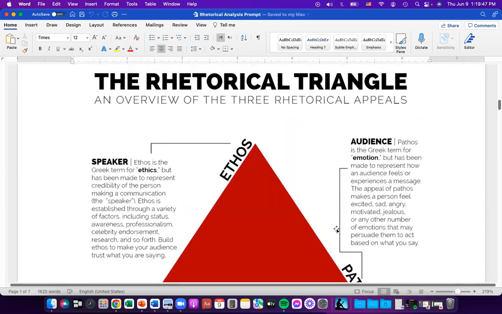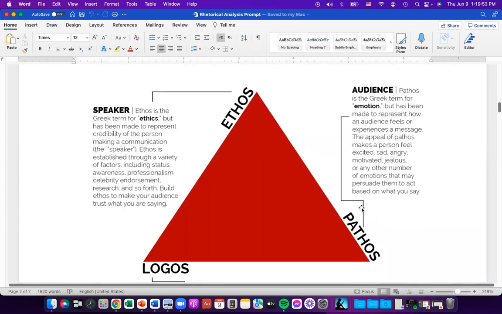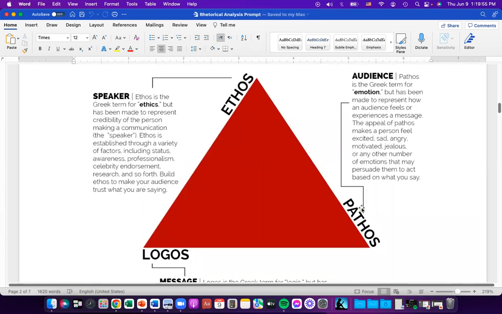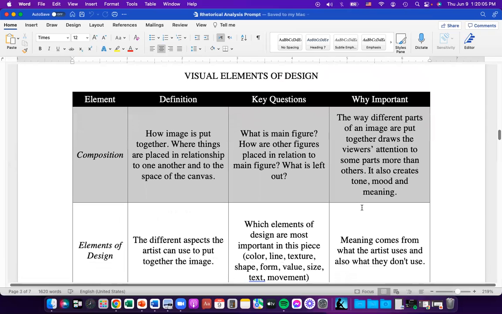There's a couple of files on this list that are also on your PowerPoint. So you've got the rhetorical triangle, and this again goes over the 3 main rhetorical appeals, although there is a 4th that we will go over. There's also, whenever you click on a website and visuals are included, a color scheme, maybe a certain font, and space is important.